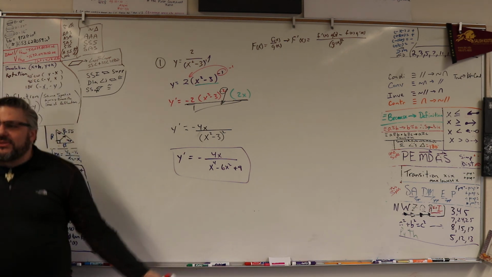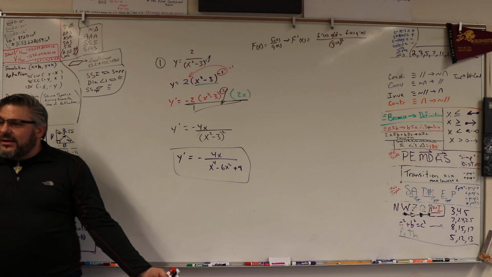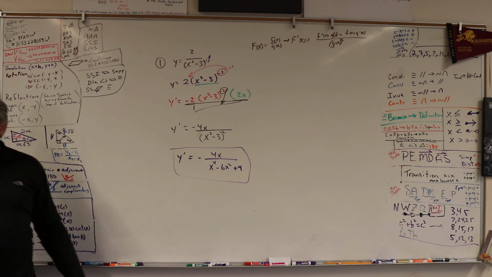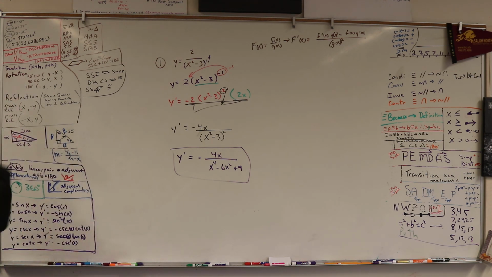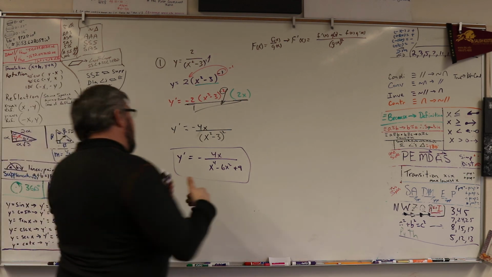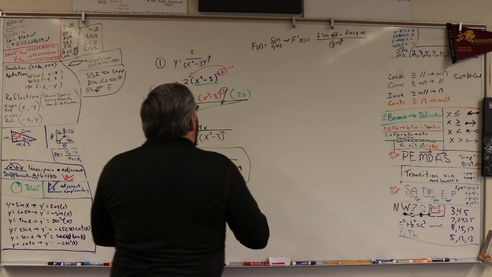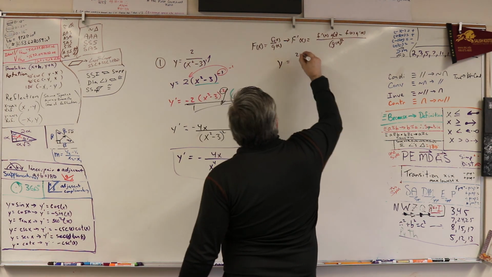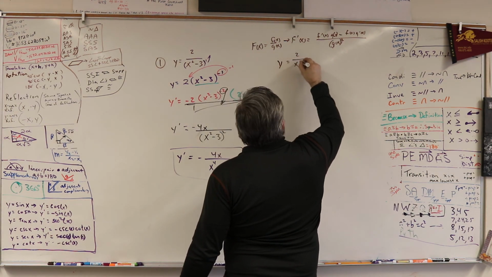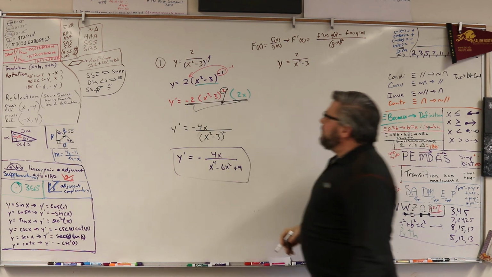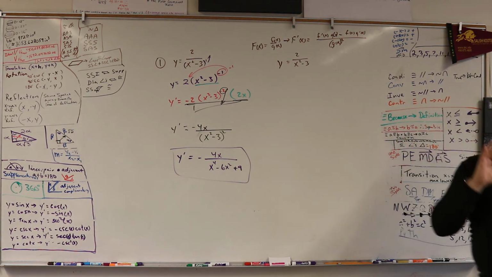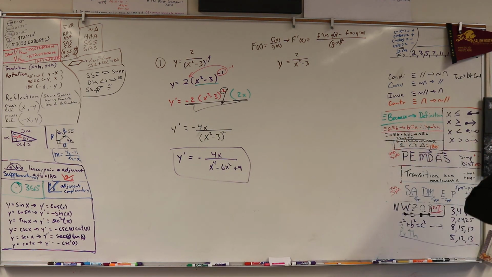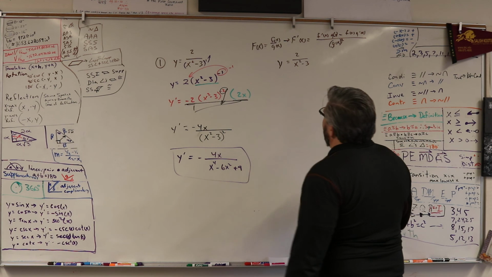Now, I didn't use the quotient rule, did I? I used chain rule. Now, how would I do this using the quotient rule? If I'm starting with the function y is equal to 2 over x squared minus 3, I want to look at 2 different derivatives.